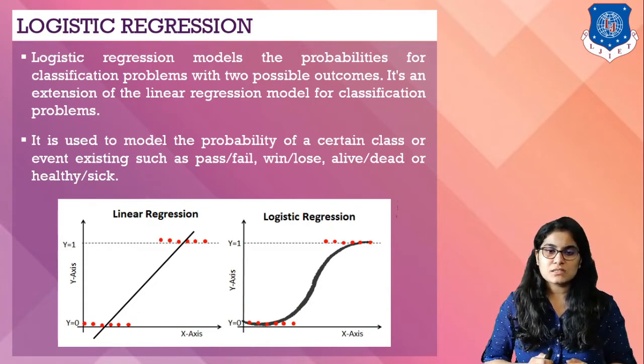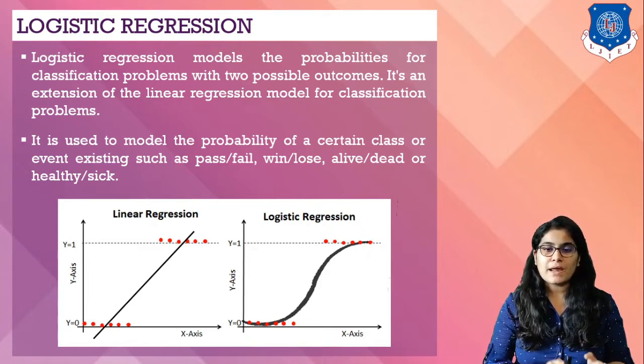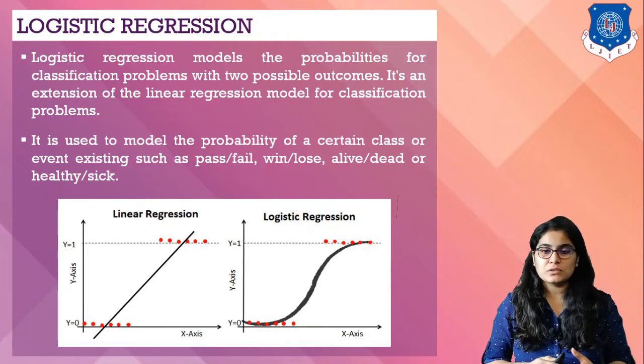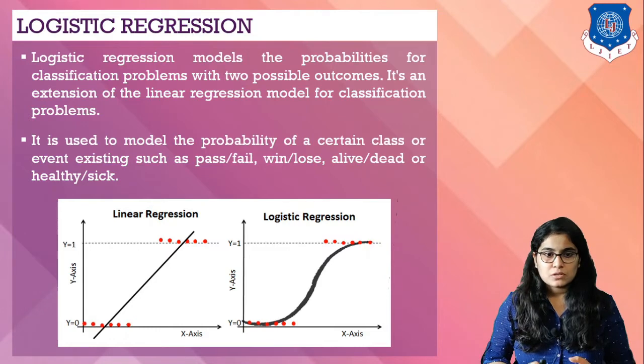Logistic regression is a statistical model that in its basic form uses a logistic function to model a binary dependent variable. Logistic regression is one of the statistical techniques in machine learning used to form prediction models. It is one of the most popular classification algorithms, mostly used for binary classification problems. So that's all about logistic regression.